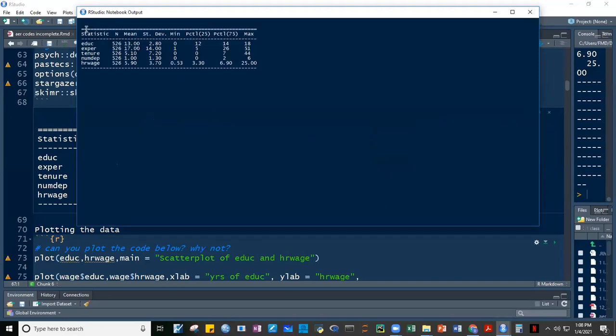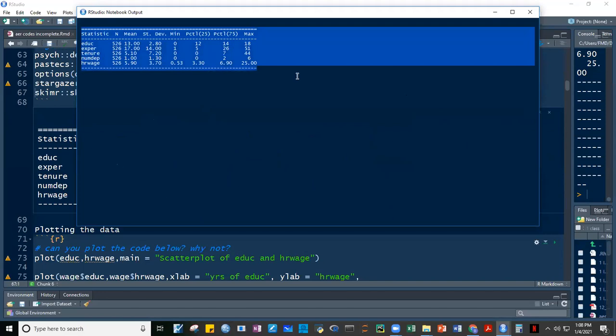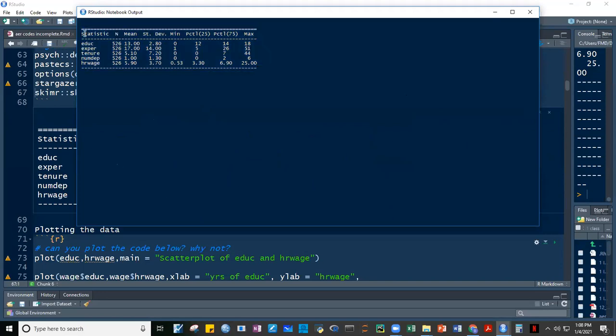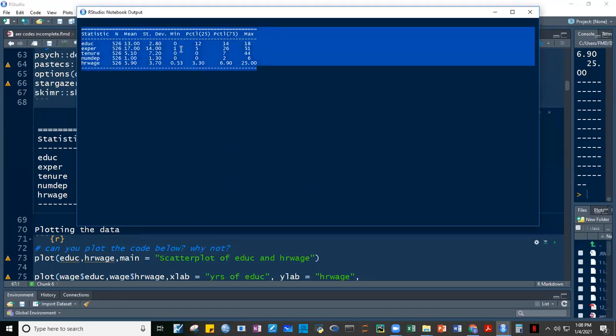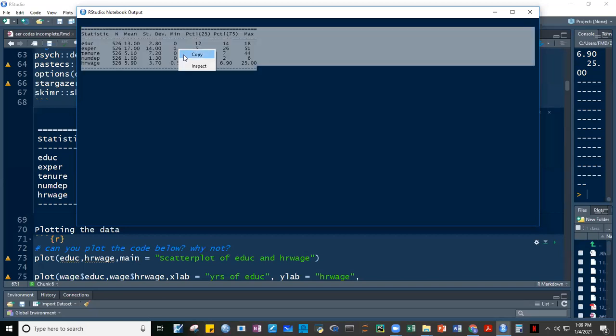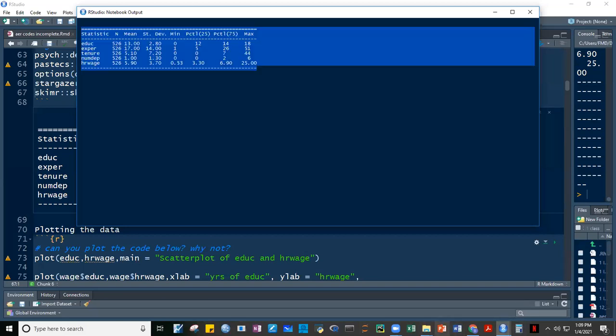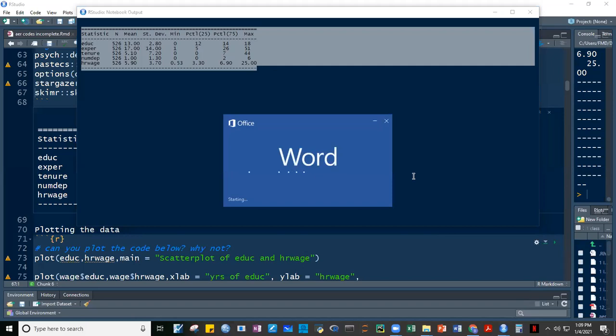Okay, then we can copy this. If we copy this, let's see what happens, guys. Let's copy this into, let's say, Word. The good thing, guys, about Stargazer is I think we can copy it as a table, unlike the others where you cannot copy as a table.